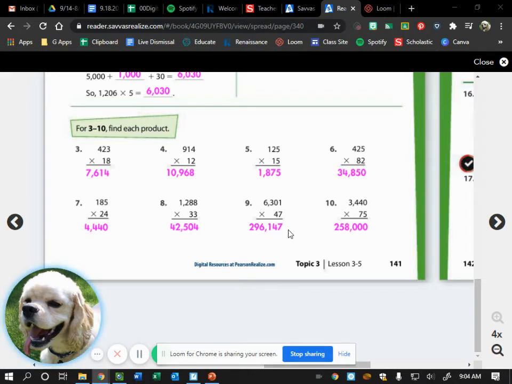For your homework, like for number 9, when you get to the 7 in 47, you're multiplying it by 6. If you're having a hard time, like I don't know that off the top of my head, you can turn to the multiplication table in your planner and just find, okay, 7 and 6, that's 42. I'm okay with that.